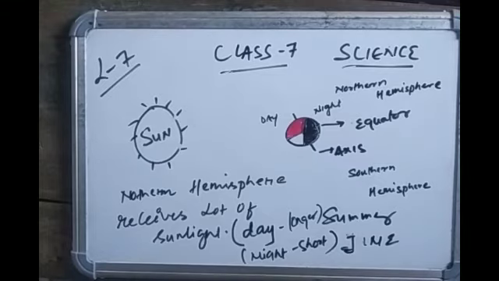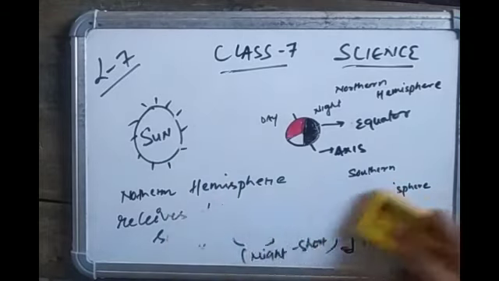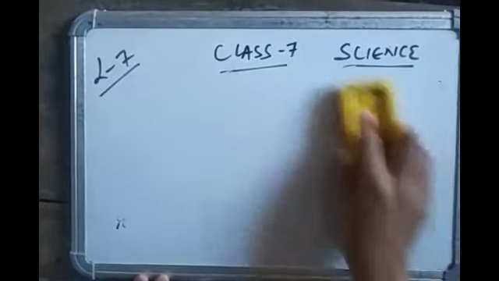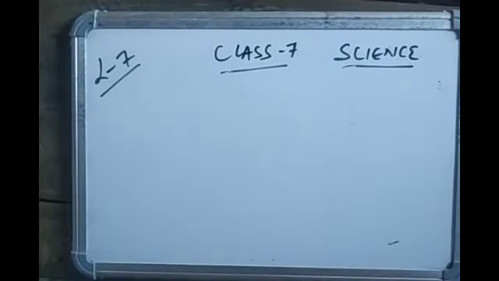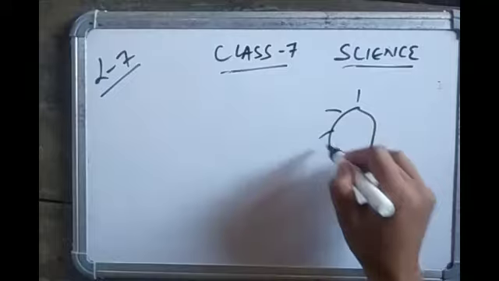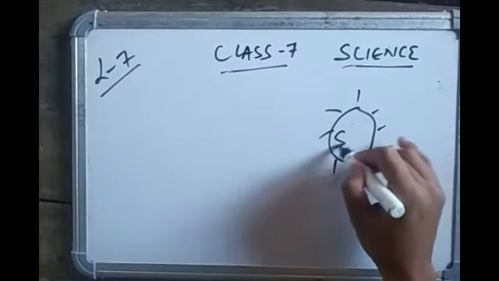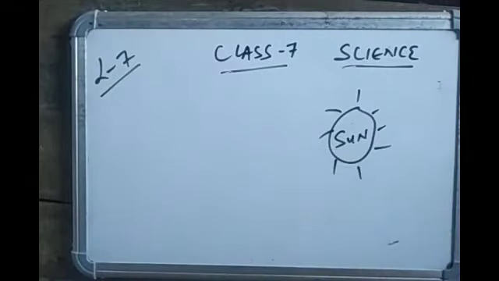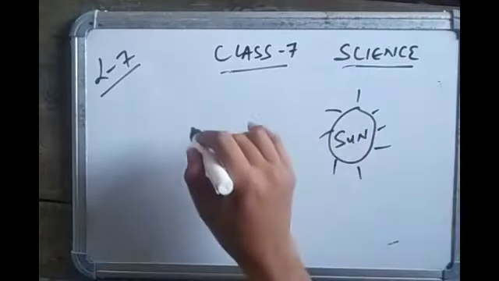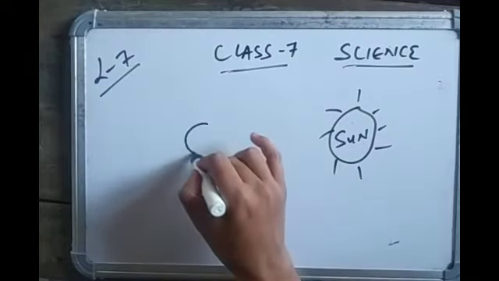Now winter. In summer the daytime is long, now winter. The earth along with its rotation also has revolution. Revolution takes 12 months.